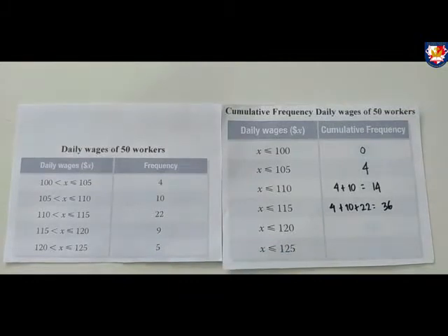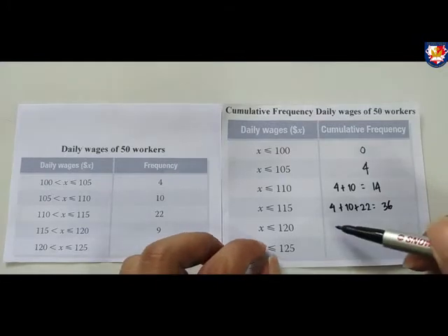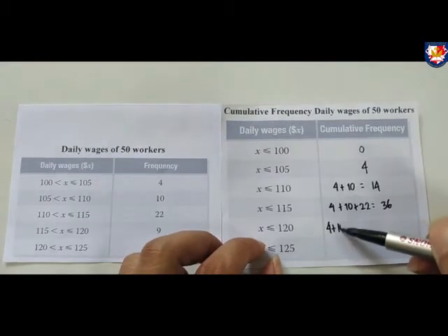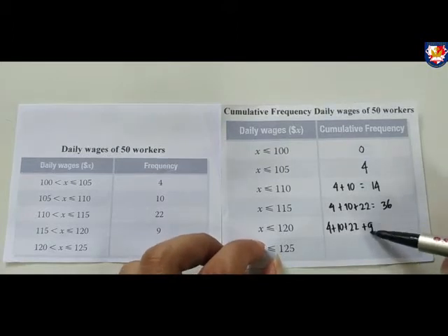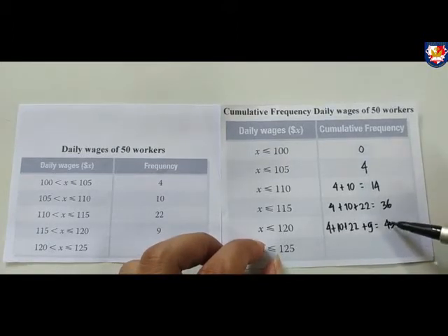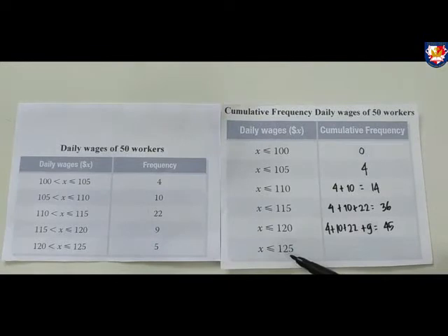And then for x less than 120, from the data we know that 115, 110 and 105 are less than 120, so we have four data. We add all the numbers together: 4 plus 10 plus 22 plus 9 equal to 45. And the last one is x less than 125.